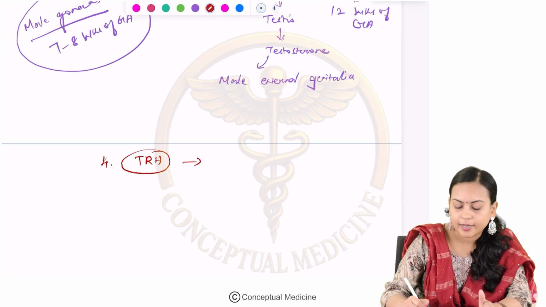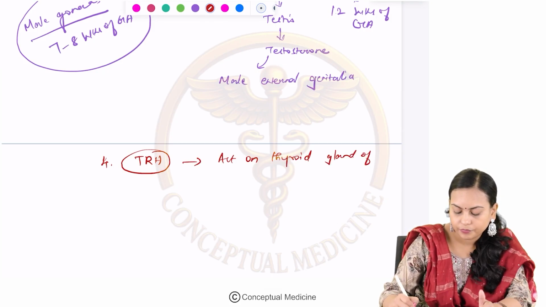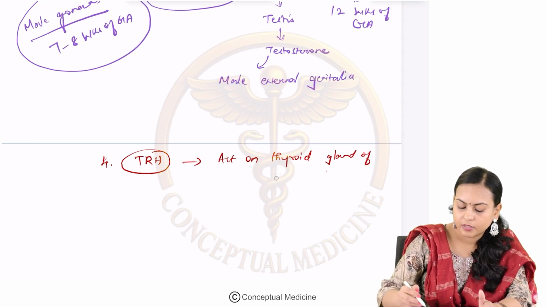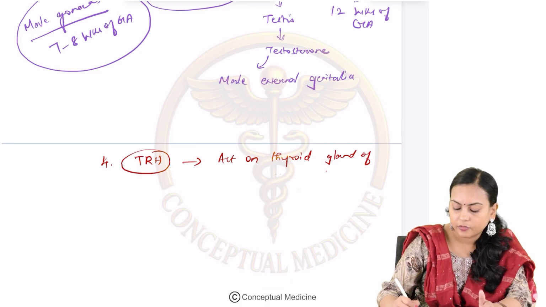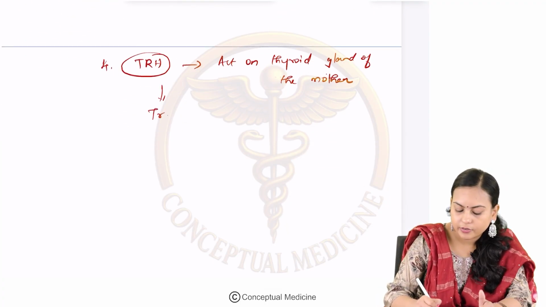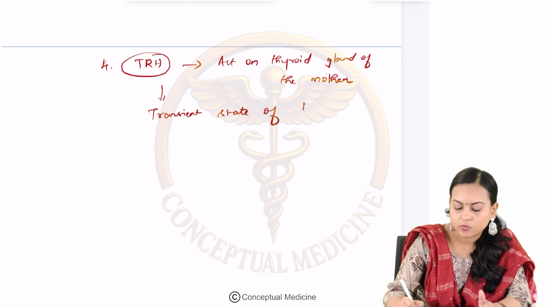Now, this is going to act on the thyroid gland of the mother, and since it is going to act on this thyroid gland of the mother, this is going to produce a transient state of thyrotoxicosis in the mother.